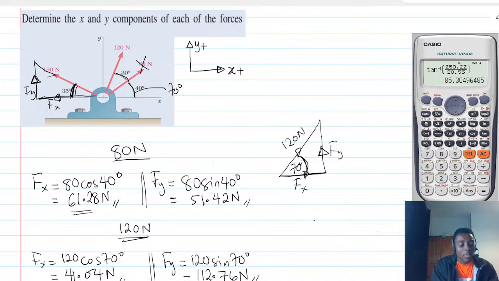All right. So now I want us to look at one more problem under resolution of forces, and then I'll move to equilibrium of particles in 2 dimensions. So one more problem.